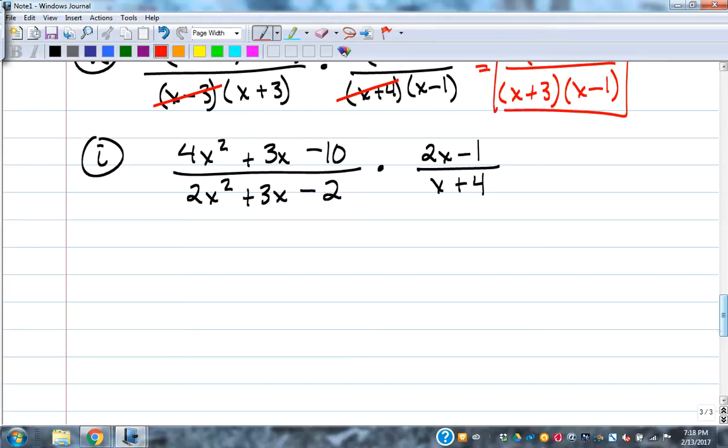So obviously not in factored form. So we have to put it there. Which ones will factor? Well, does 2x minus 1 factor? No. Does x plus 4 factor? No. So it's just that one fraction we've got to factor.